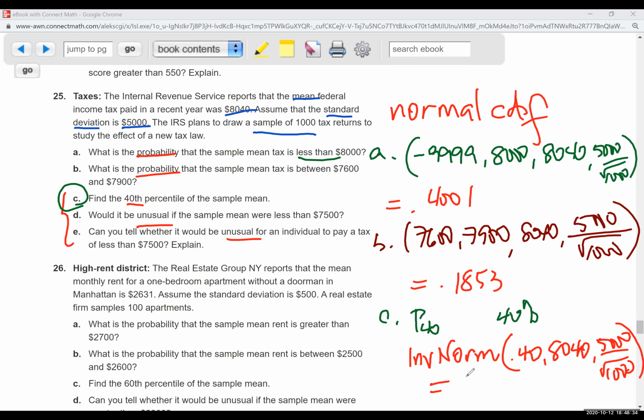All right, that is correct. 7,999.9. Very good.